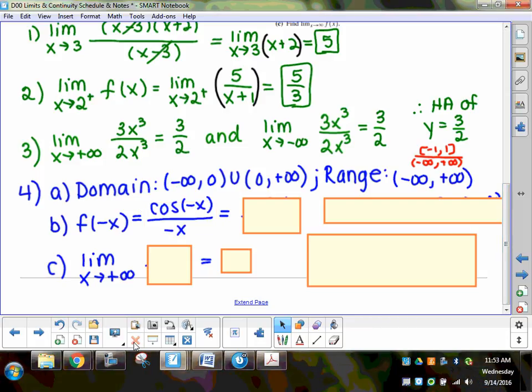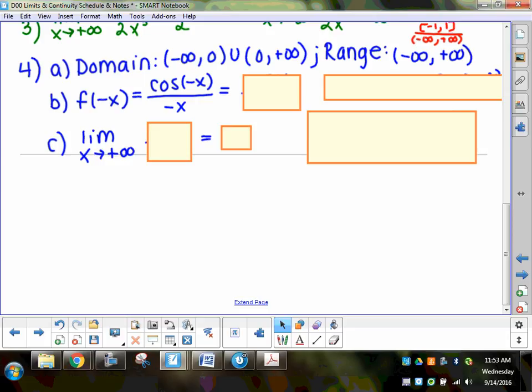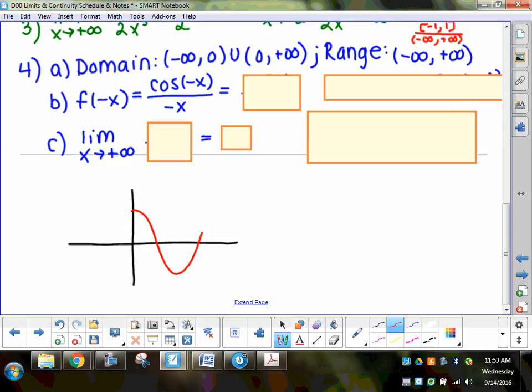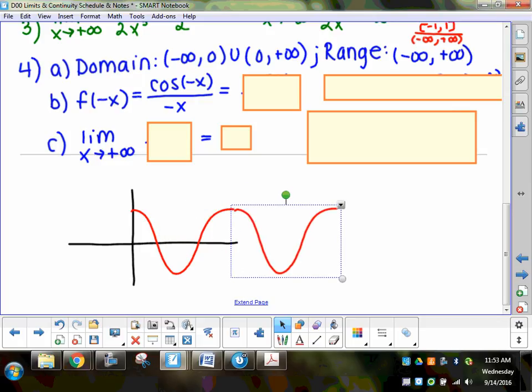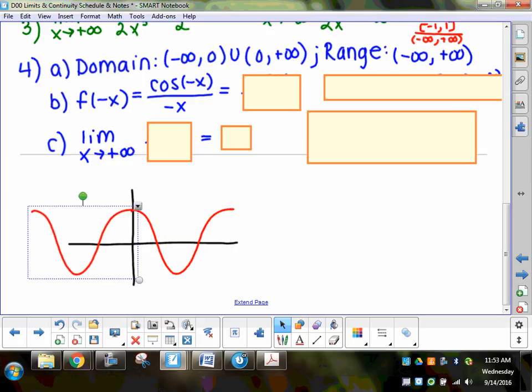Now here's what we have to go through and remember. What does the cosine graph look like? If I were to list it out, take a look at cosine. Remember, cosine waves look like that. And it continues going on forever this way, but it also continues forever going that way.